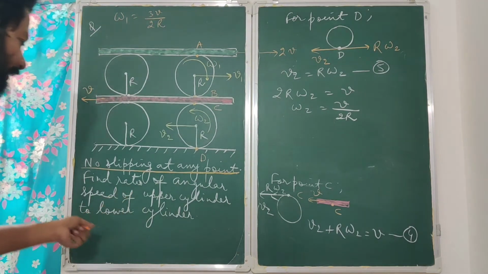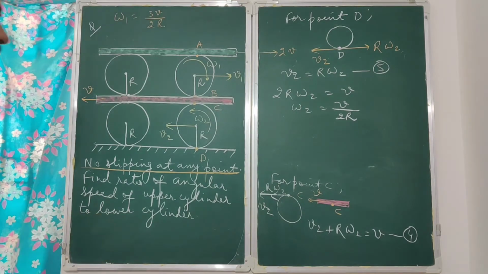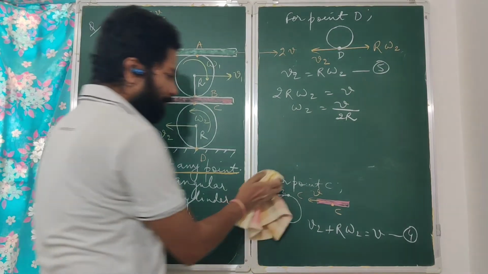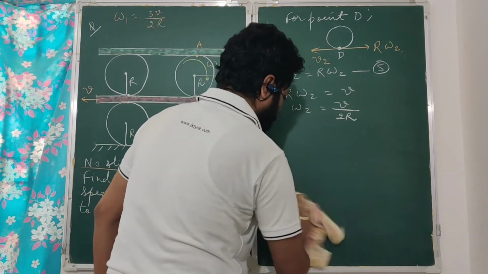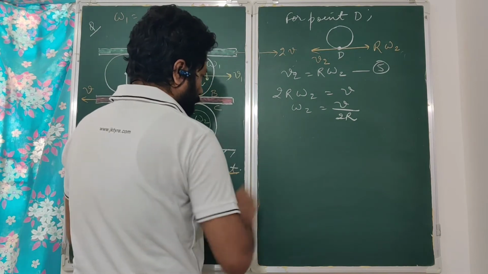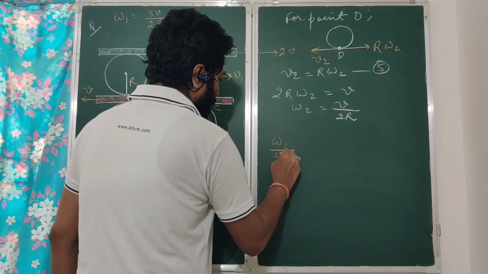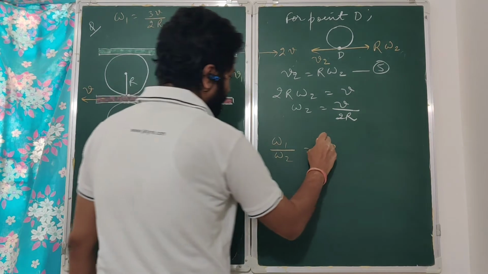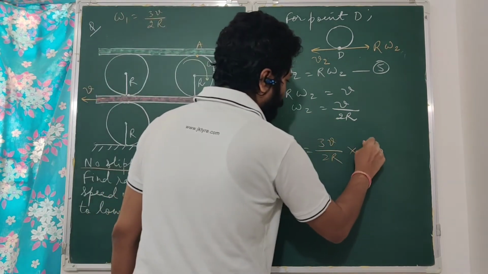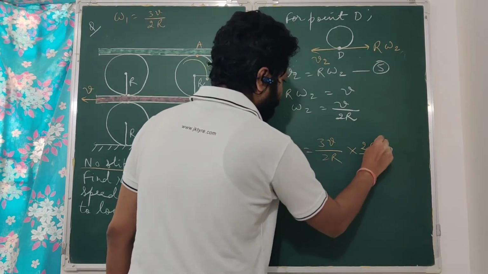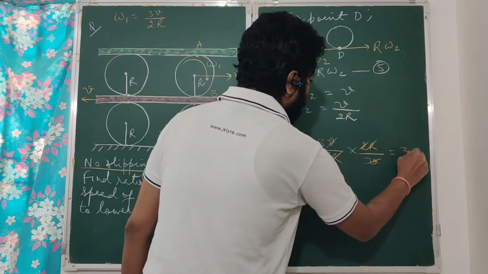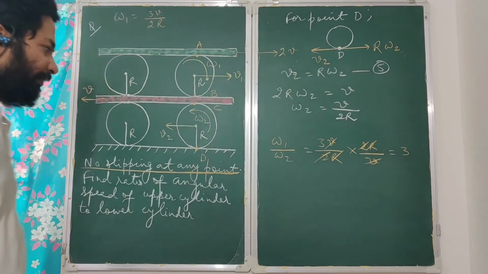So they have asked us to find the ratio of angular speed of upper cylinder to lower cylinder. So that ratio will be equal to omega 1 by omega 2, which is 3v by 2r divided by v by 2r, so 2r by v. So this is equal to 3. So the answer for this question is 3.